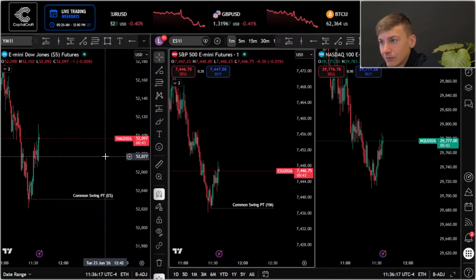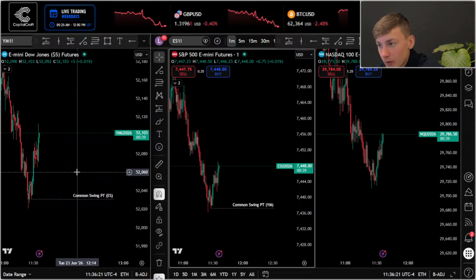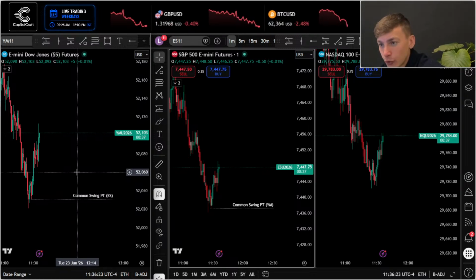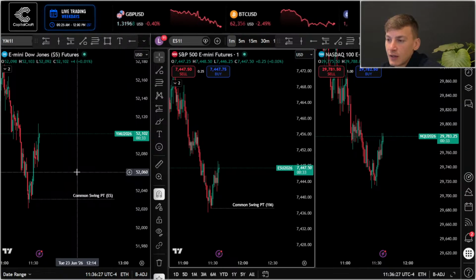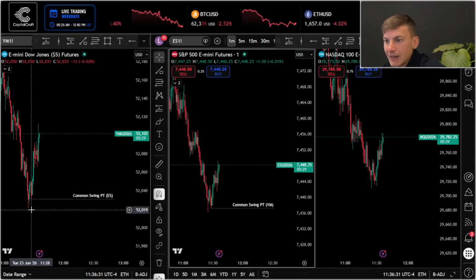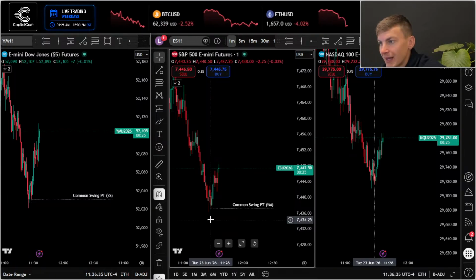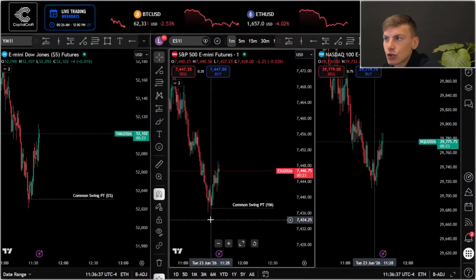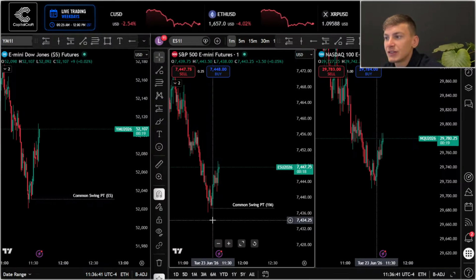We're prepping, okay? Now we have a common swing point. Why is it a common swing point? Because if we look at our 3 candle pattern sequence, we can see that a swing point is neutral. Okay? At 11:28 we have a swing low on the Dow, and at 11:28 exactly we have another swing low on the S&P, where both pairs have given displacement.